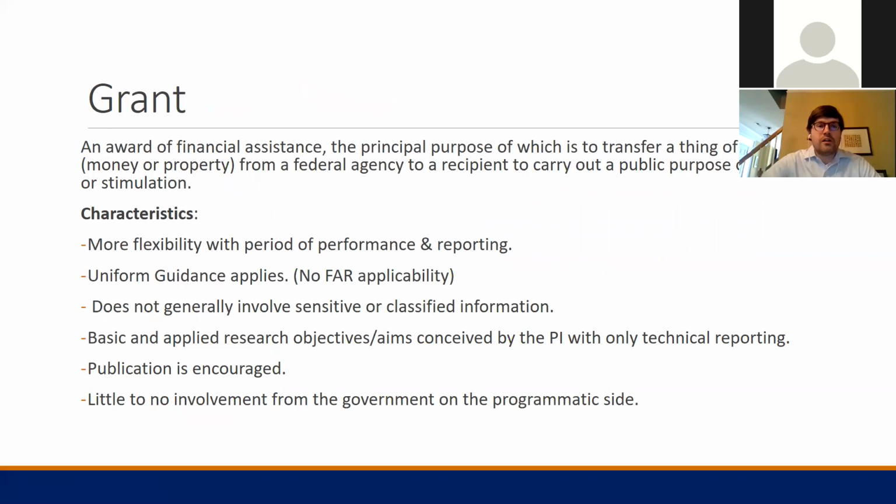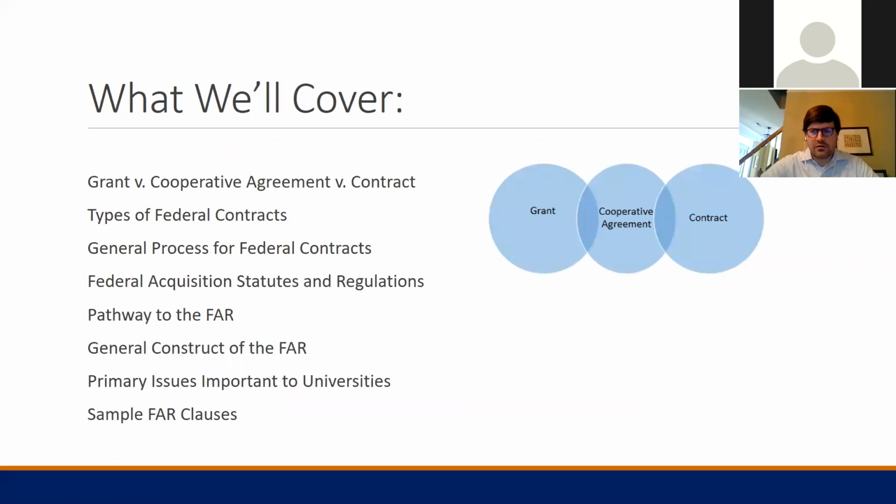So at a high level, going back to the original slide, this diagram is helpful in the context of where a cooperative agreement sits relative to a grant and a contract.